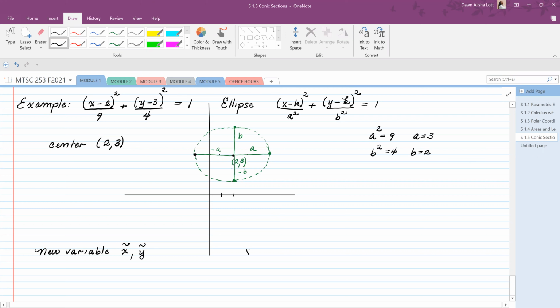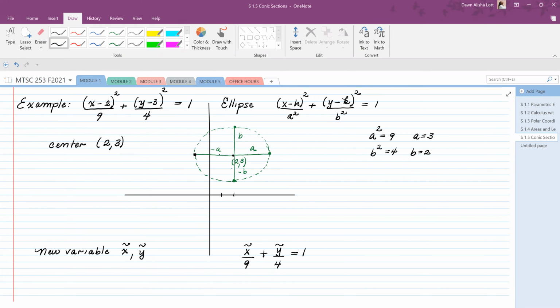So now I have x tilde squared over 9 plus y tilde squared over 4 is equal to 1.